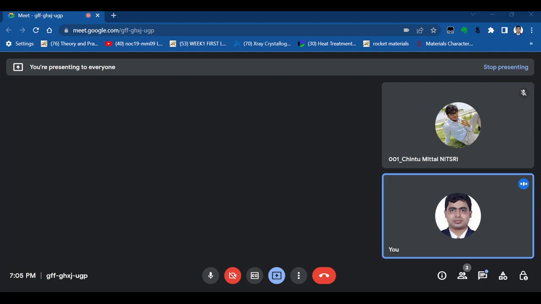Remember this. So here in this case, maximum is 250, and sigma minimum is equal to minus 50 MPa.